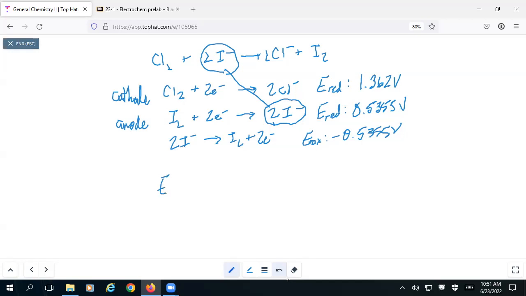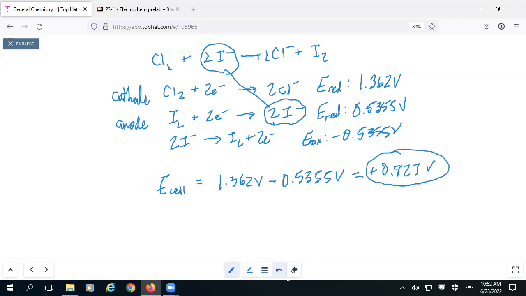Either way, I'm getting an E cell value that is 1.362 volts minus, or plus a negative, 0.5355 volts. Which to 3 decimal places would be positive 0.827 volts.